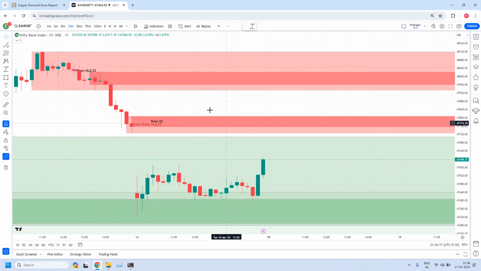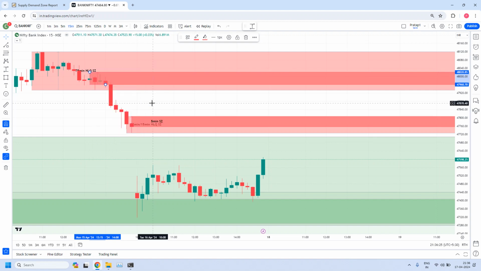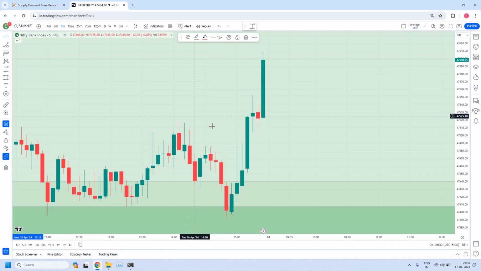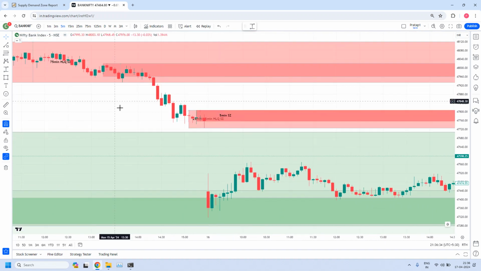Drop based drop. Fine, we have a 15 minutes fine tune zone available. This is a 15 minute zone. Inside you need to identify a 5 minute zone. Check if there is any good order flow within this area.